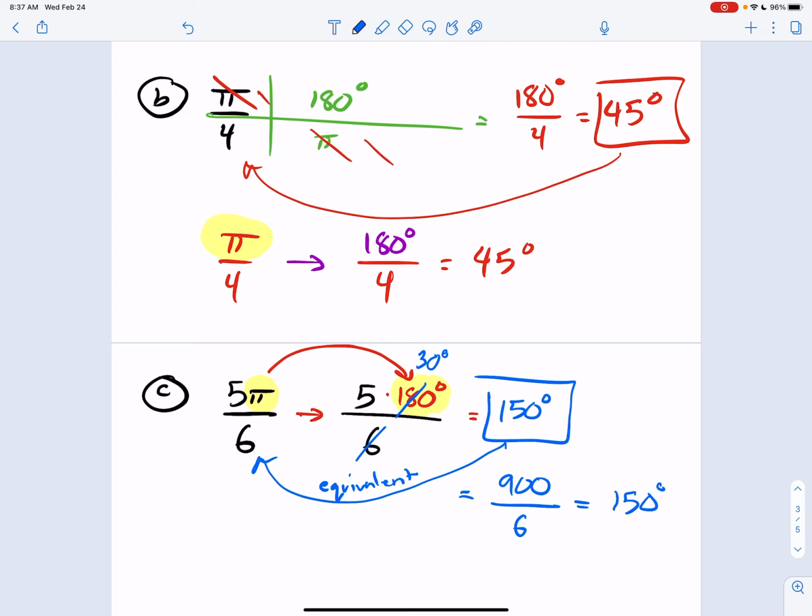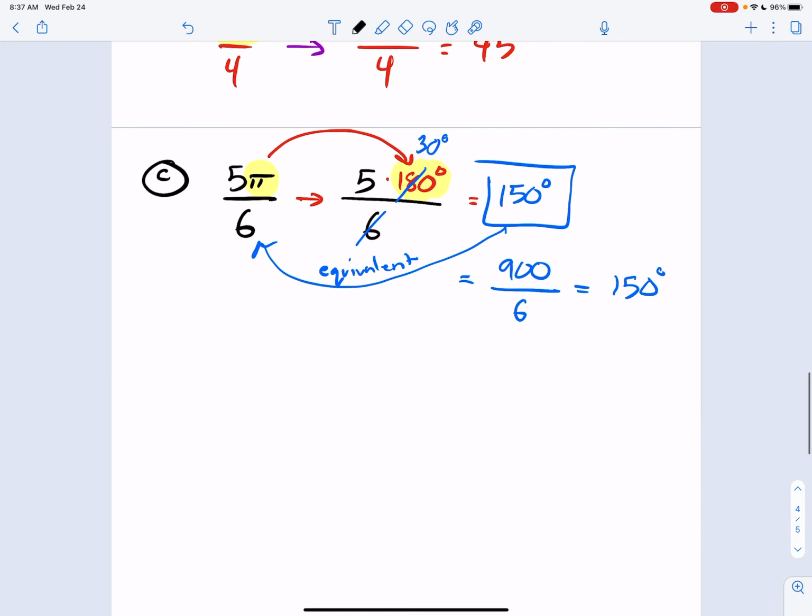Okay, let's do one more, and then I'll show you the last example here. Suppose you guys had 7 pi over 4. Okay, go ahead and convert that to degrees. Press play when you're ready.